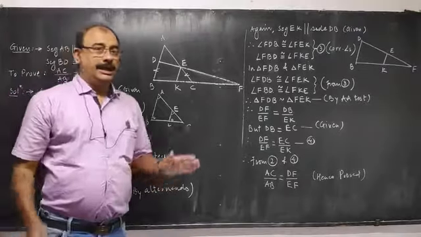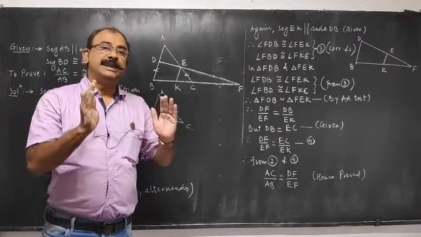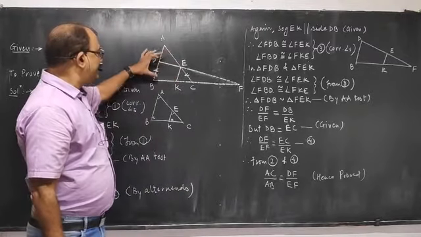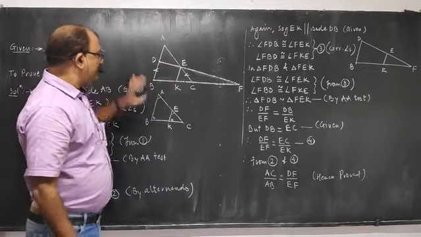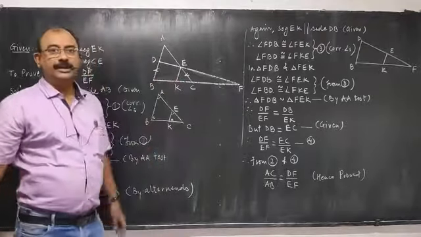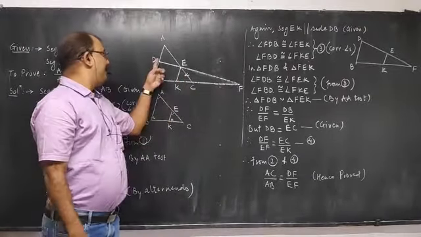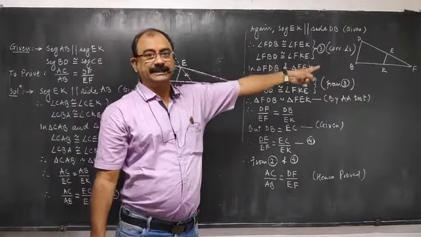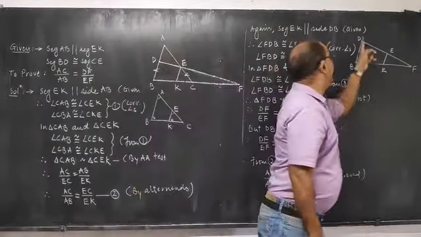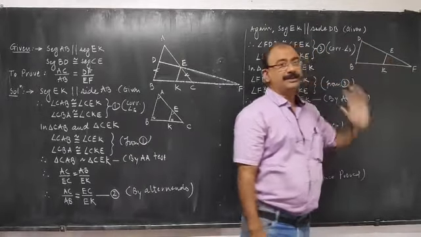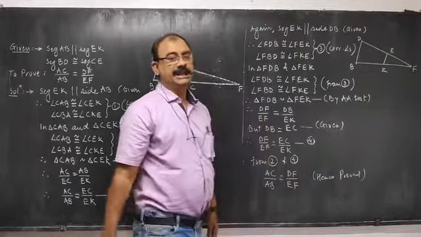Now, again I am going to use segment EK. Segment EK is parallel to DB. So now I am separating triangle BDF and segment EK, which we have drawn that side. This segment is parallel to this, that is already given.